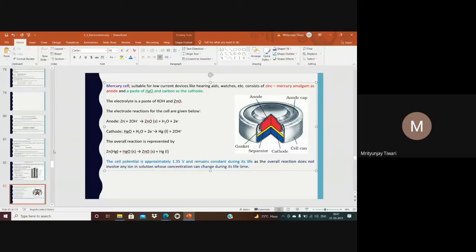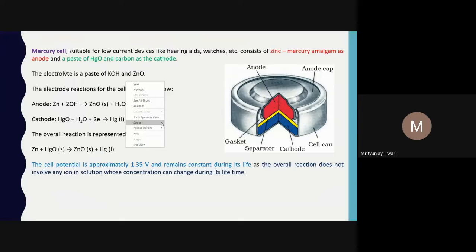In your NCERT book this is written as ZnHg, but you should not ideally write it in the cell reaction. So Zn plus HgO solid gives ZnO solid plus Hg liquid. This is the net reaction. The cell potential of the mercury cell is approximately 1.35 volt and remains constant during its life.